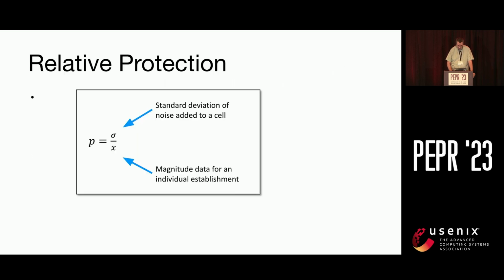On the flip side, we're going to look at this concept that we're calling relative protection, which is just kind of ad hoc, because epsilons and rhos and Greek letters are, like the last talk mentioned, abstract, and a lot of people have a hard time grasping it. This is something that's resonated with people: we're just looking at a measure of the standard deviation of the noise added over the value of the establishment.